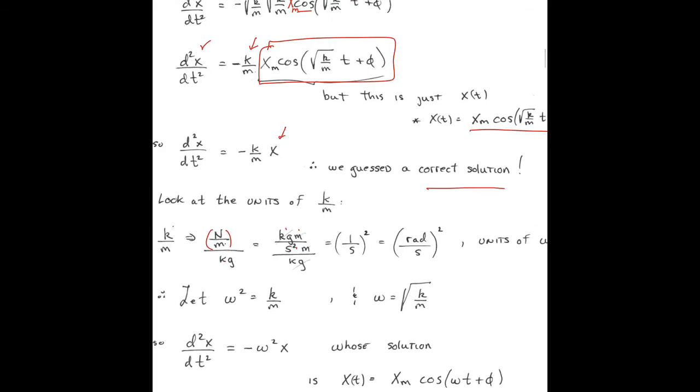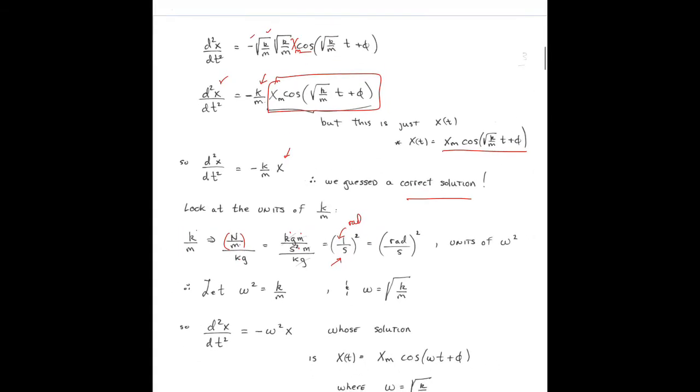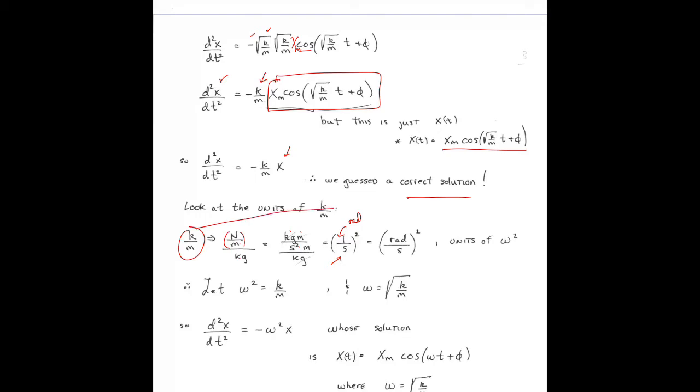So the kilograms cancel, the m's cancel, and I have an s squared, which I'm going to write like that. Then I'm going to write the word radian in there for free, because the radian is a dimensionless quantity. I can stick it in, I can take it out. So that says that k over m has the same units as radians per second quantity squared.